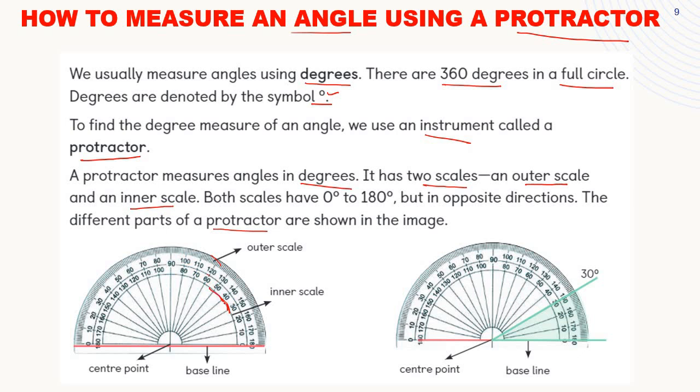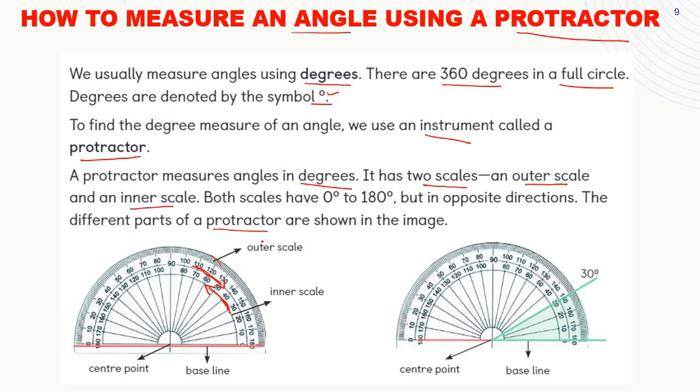The inner scale has 0 to 180 degrees, and the outer scale also has 0 to 180 degrees, but in opposite directions. See the direction of the inner scale and the direction of the outer scale. They are in opposite directions.